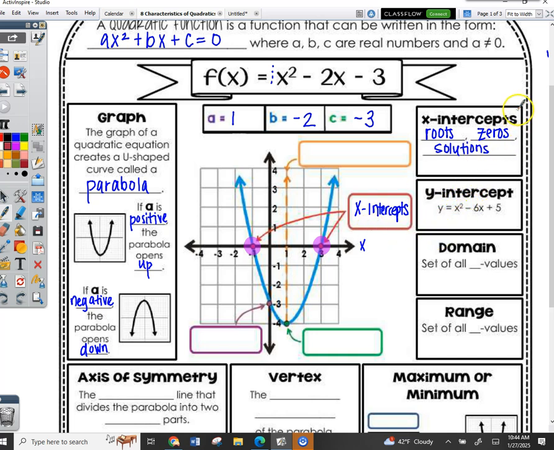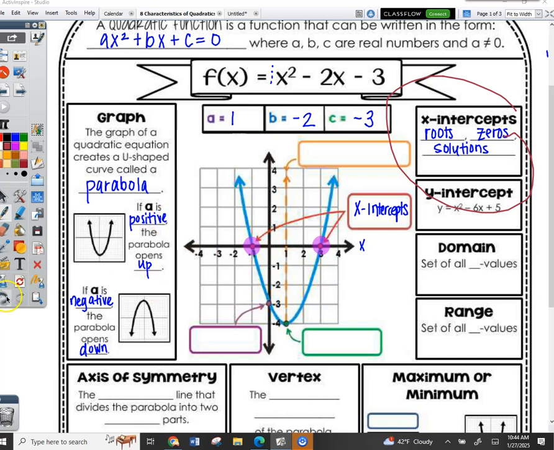Now, what do you think? Keeping in mind what an x-intercept is, I want you to put your pencil on this graph where you think the y-intercept is. Everyone should have their pencil in a spot. You've actively thought this through.